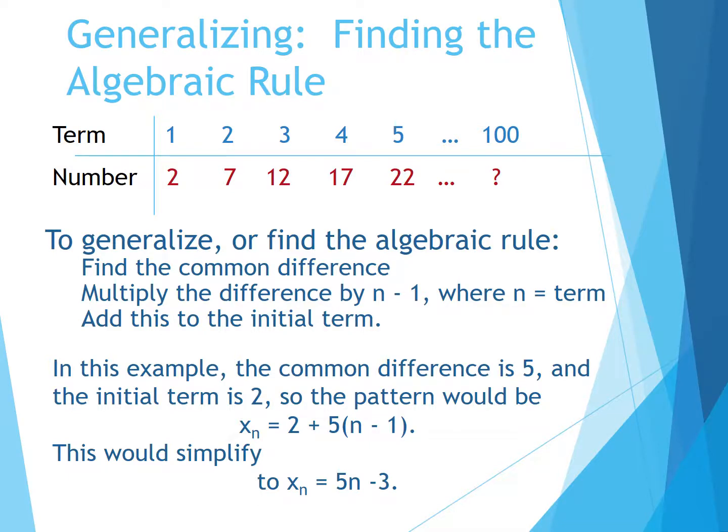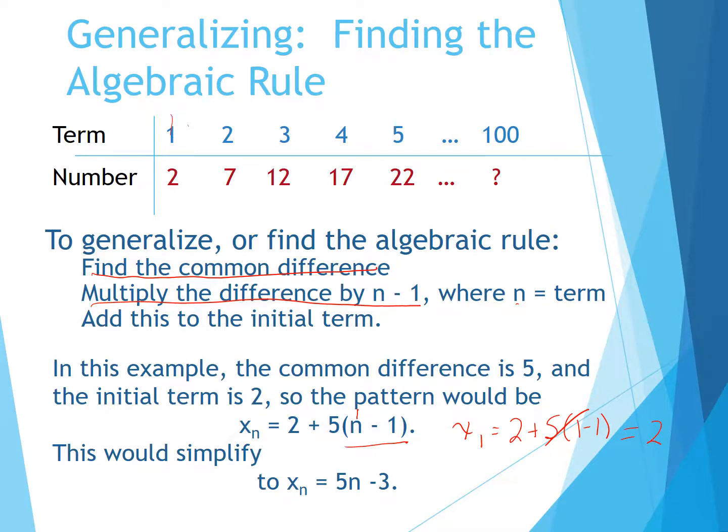So what we do is we find the common difference, multiply the difference by n minus 1, where n is the term, and then we add that to the initial term. So we have this n minus 1 because for my first term, I want to get 2. So if I put 1 in for the number here, that's going to give me 0. So what I would find is that x sub 1 is equal to 2 plus 5 times 1 minus 1, which is 0. The 5 times 0 just gives me 2.